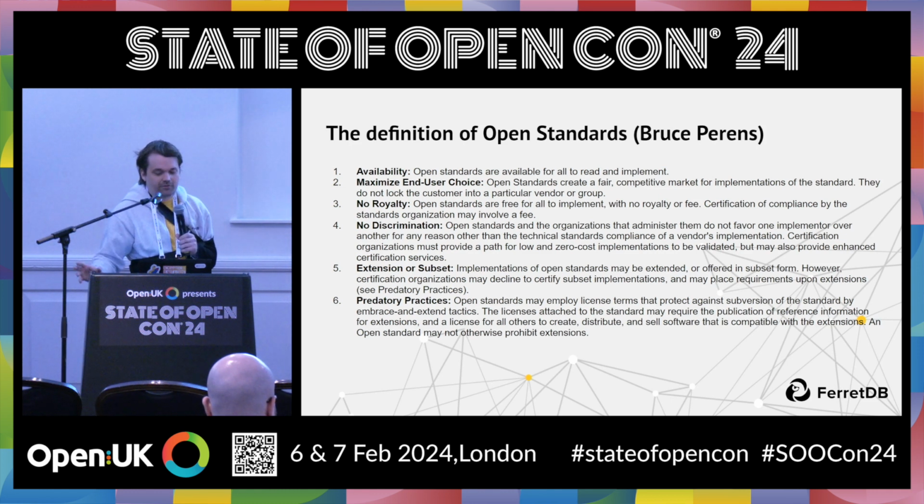It's pretty much the same thing, but the purpose or the mechanism is different. In the case of open source, we're talking about distributing software. In the case of open standards, we're talking about who can read and use the standard itself.